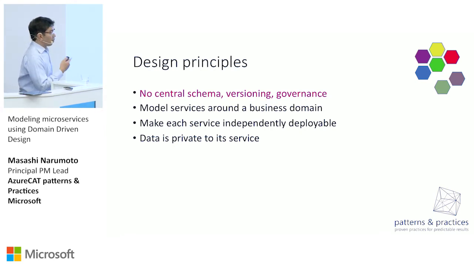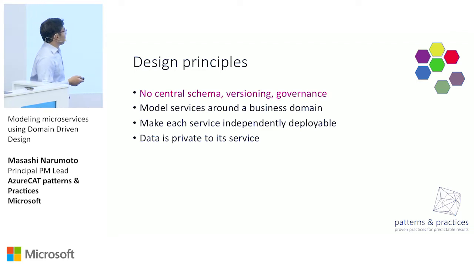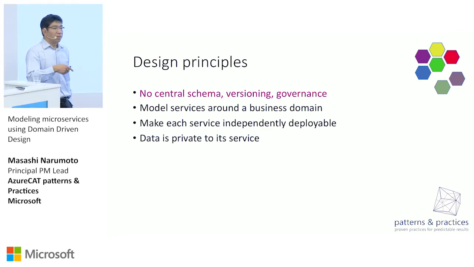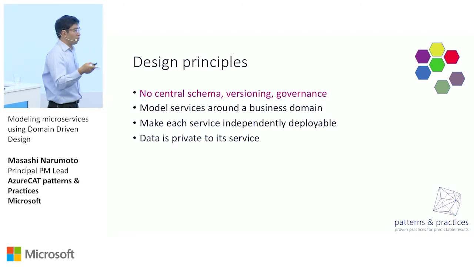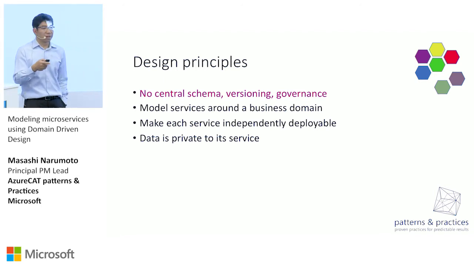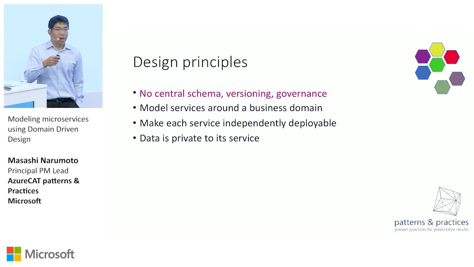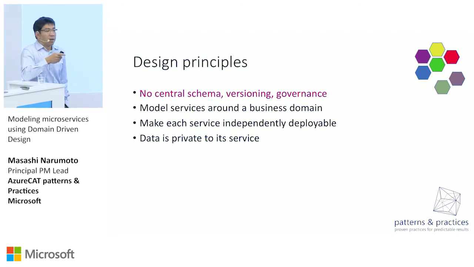And make each service independently deployable. Again, from the opposite side, there shouldn't be any lockstep deployment, meaning service A has to be deployed before service B because service B depends on service A. Let's not do this. Even if A depends on B, A shouldn't wait for B to be up and running.